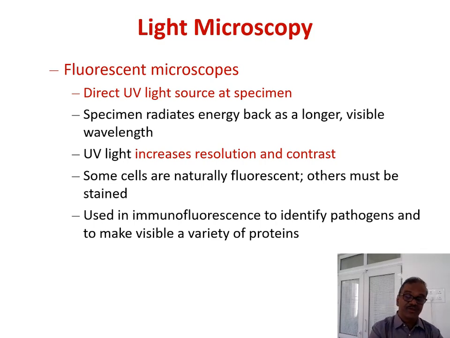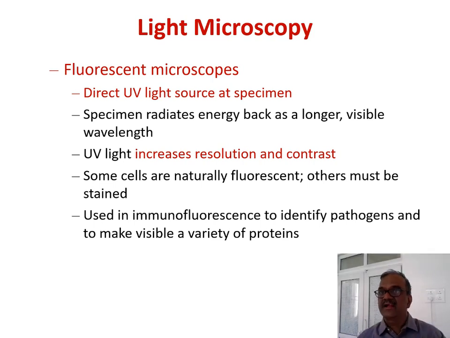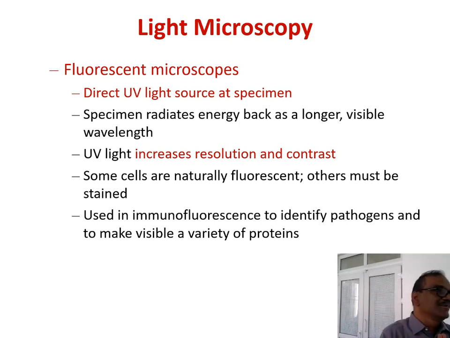Okay, and also immunofluorescence is used for pathogens. That is, a specific fluorescent material tagged with certain material. That is, you know, the key and lock hypothesis. Key and lock hypothesis for what? Enzyme and substrate, isn't it? You are very good in chemistry, am I right?